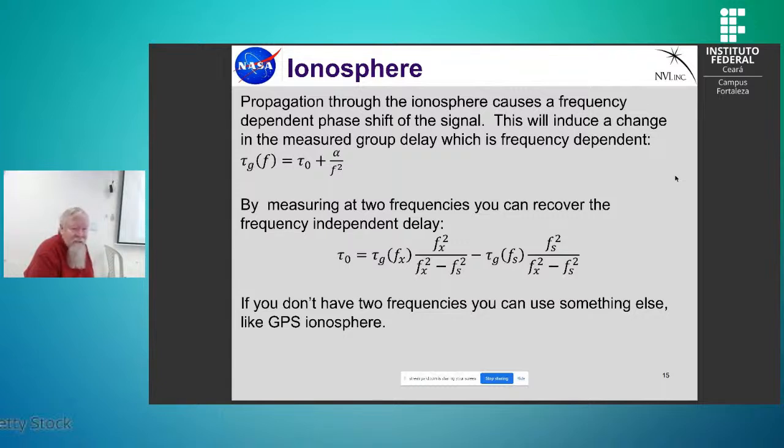So by doing this linear combination, you can come up with something called the ionosphere independent delay. So that's why in VLBI we observe two frequencies. And they do the same thing in GNSS. They observe L1 and L2, and then take the difference between the two to get the ionosphere free delay.